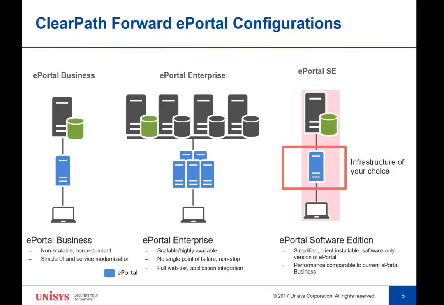The ePortal Business was actually non-scalable and non-redundant. It is a simple product for you to go with modernization. For some other clients, we have ePortal Enterprise, which on the other hand provides customers with more advanced features like high availability and additional scalability. Also, it helps customers with higher level of SLAs and higher level of performance.